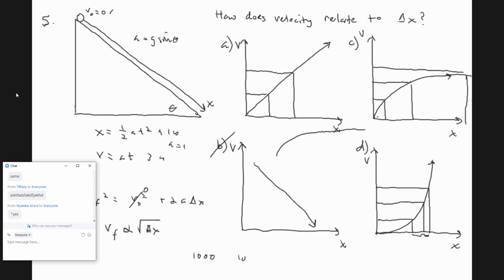That's 10 root 10, so that's like 30 something. Square root of 100 was 10, right? So it's just going to be a marginal y increase for the amount of horizontal increase that you get. The horizontal would have been 100 to 1,000, and the other one would have been 10 to 30. So it doesn't plateau. It just looks like it plateaus because it increases so minimally in the y direction, or in this case, the v direction.